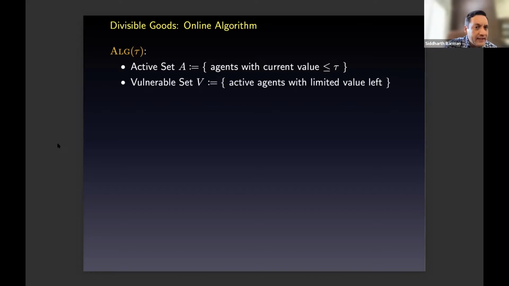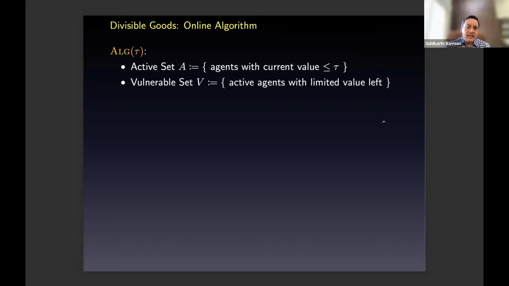The second set you maintain is a set of vulnerable agents, which is actually a subset of A. So V by definition is a subset of A. And these are agents for whom, if you look at the total value of the goods that is left, that happens to be small. I will quantify what I mean by limited value left, but here is where I use the fact that the grand bundle is of value 1.